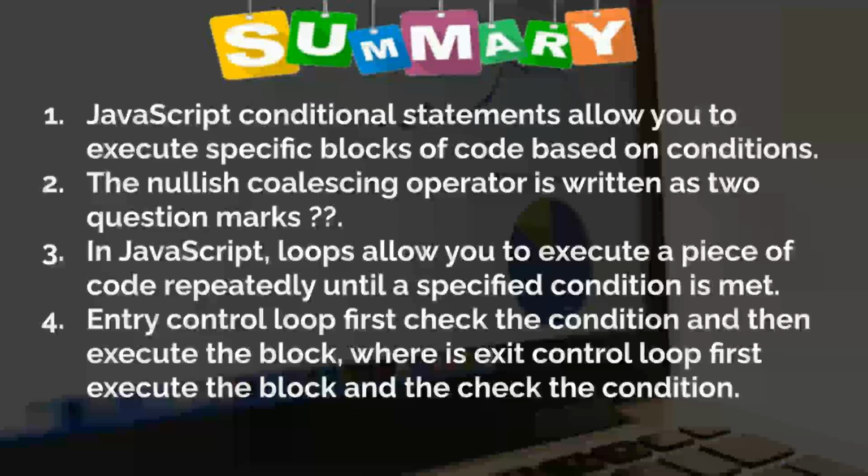In JavaScript, loops allow you to execute a piece of code repeatedly until a specific condition is met. Entry control loop first checks the condition and then executes the block, whereas exit control loop first executes the block and then checks the condition.